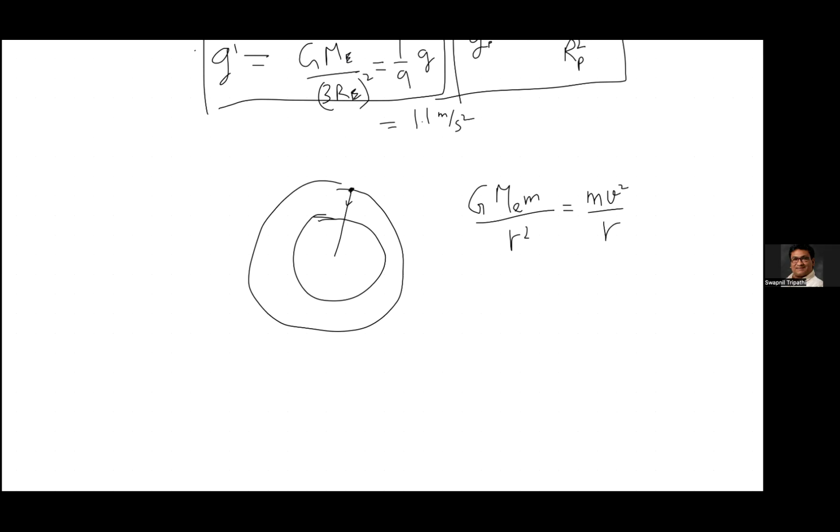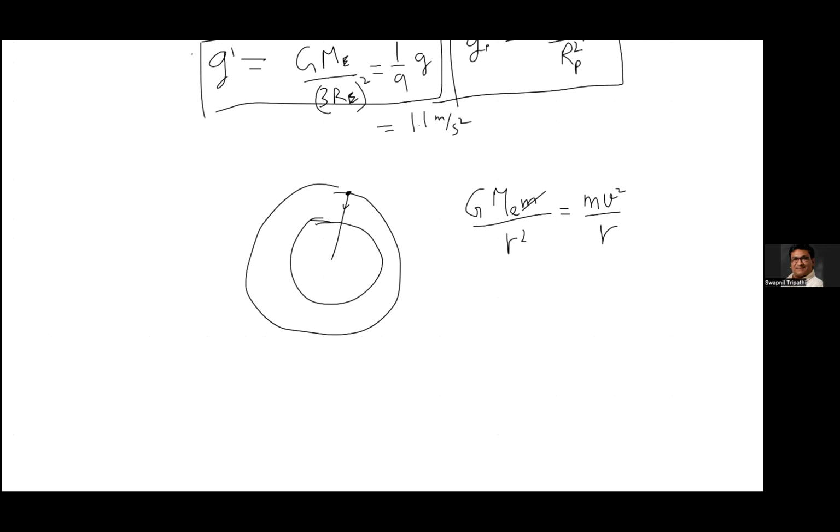So that's what we do here. We equate these, and then we cancel out the things that are common on both sides. So the little m is common, and one of the r's can be canceled. And that leaves us with v is equal to square root of G Me over r.